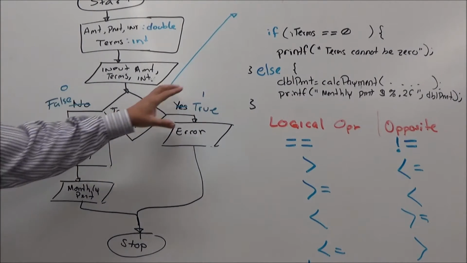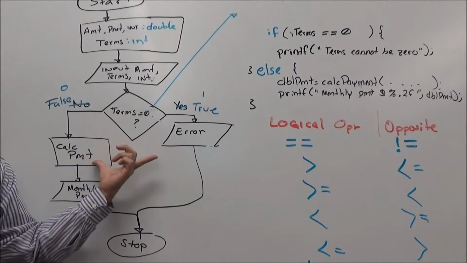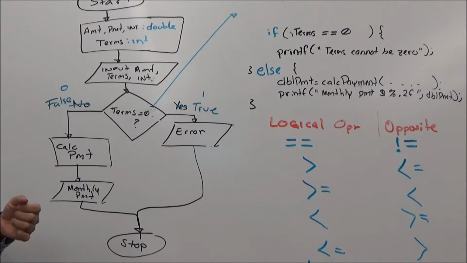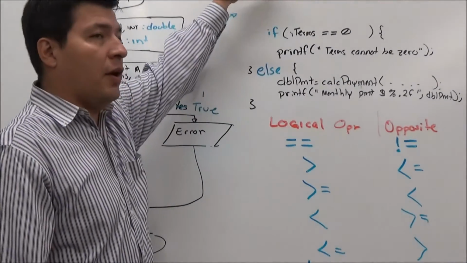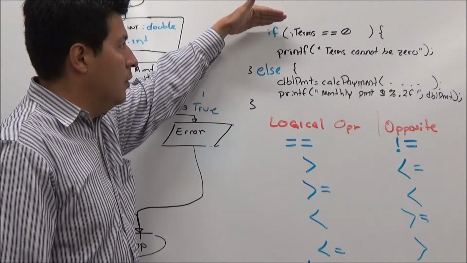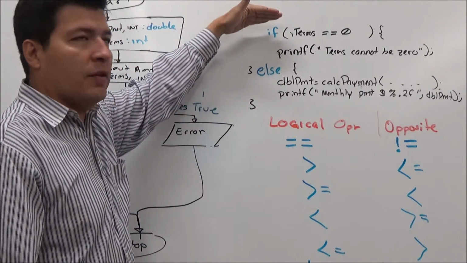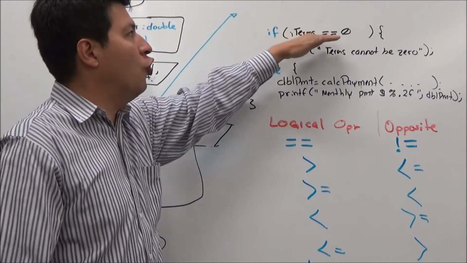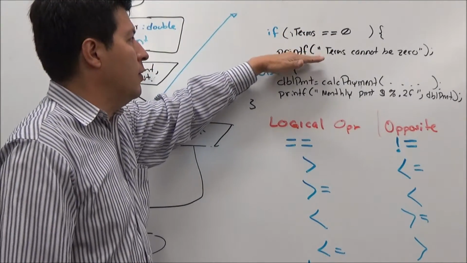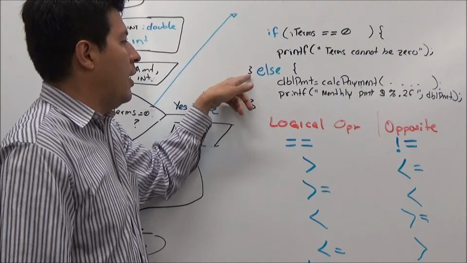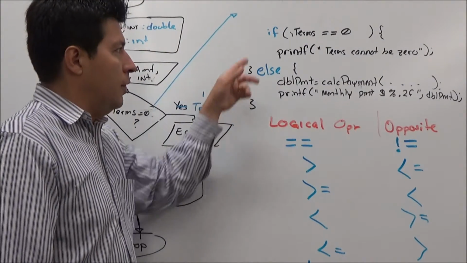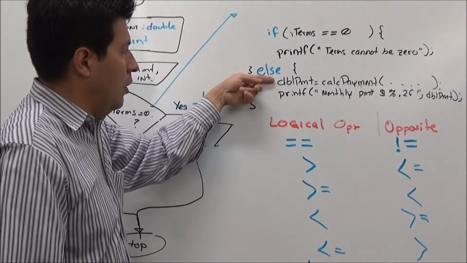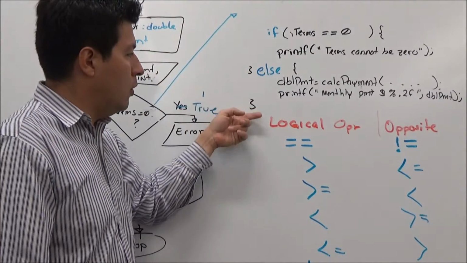So now this matches this. The computer reads top to bottom, so it's executing whatever code's above. If it sees the if statement and determines this is true, it's gonna execute this, and then sees the end curly bracket and jumps out of the if statement. If it's false, then it jumps to the else part and then continues down.